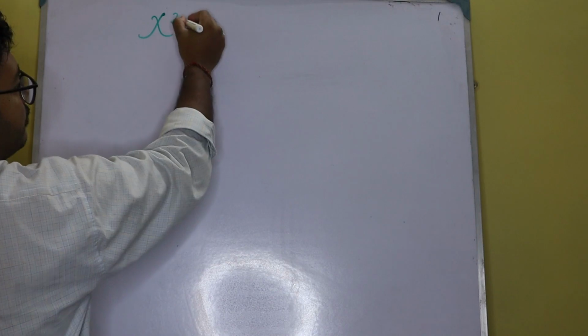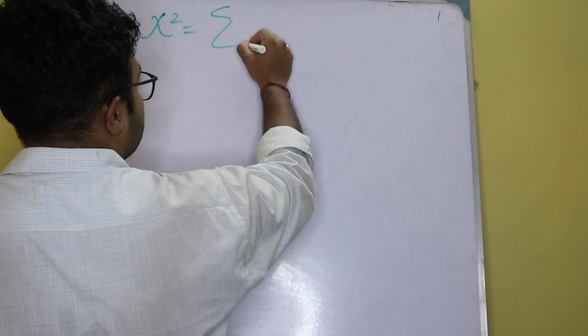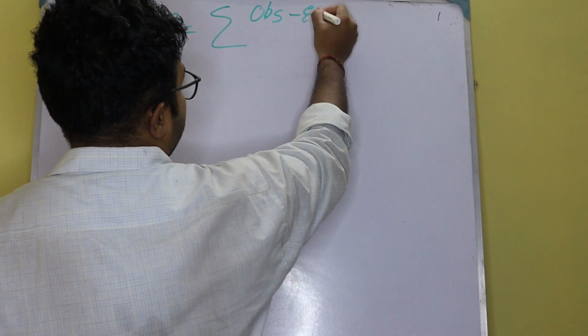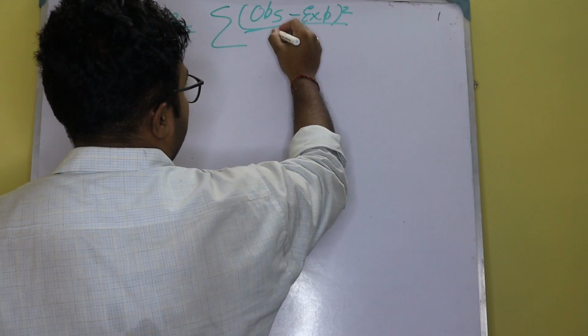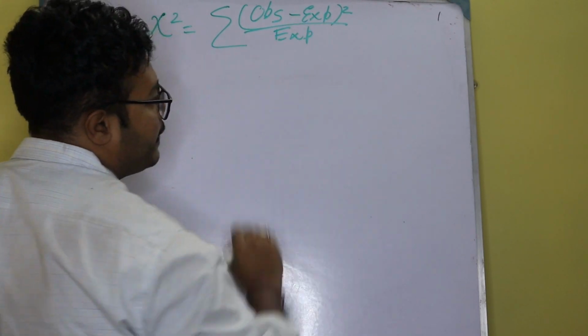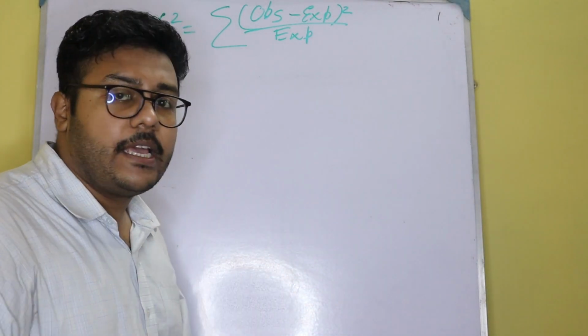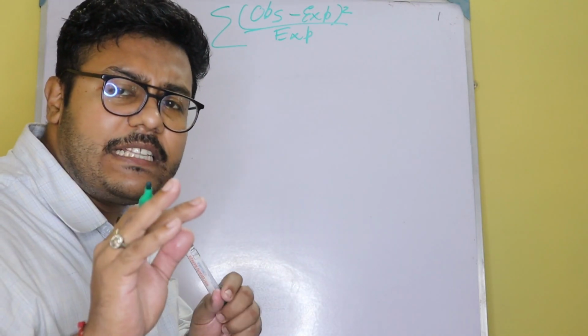See, usually in the chi-square test, what did we do? We did it like this: summation of observed value minus expected value whole square divided by expected value. Right? This is the thing which we have done in chi-square usually. I will apply the same formula here, but the expression will change a little bit.